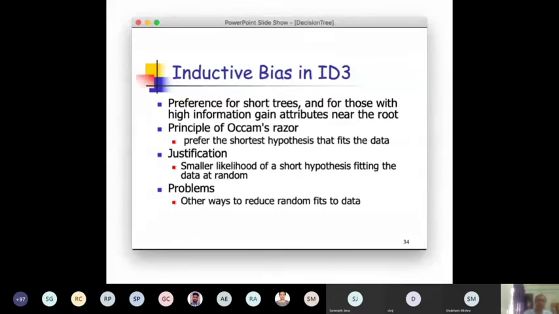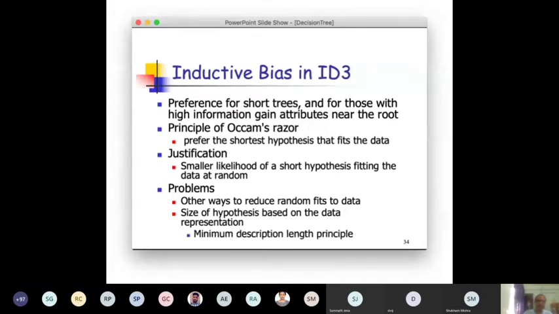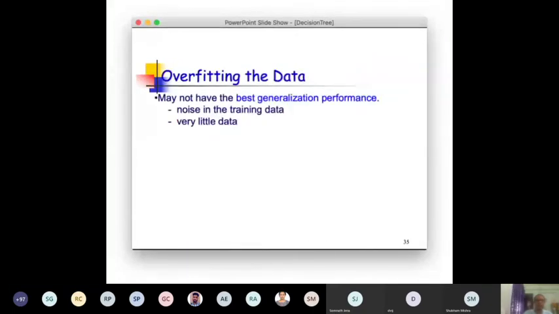But of course, there are other ways to reduce random fits to data. So it is not the only criterion you can consider, and the size of the hypothesis is a kind of data dependent, based on the data representation. That's what it is trying to say. I think there are other principles also. We'll come to some of them.